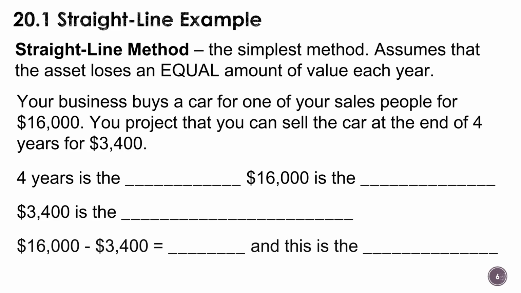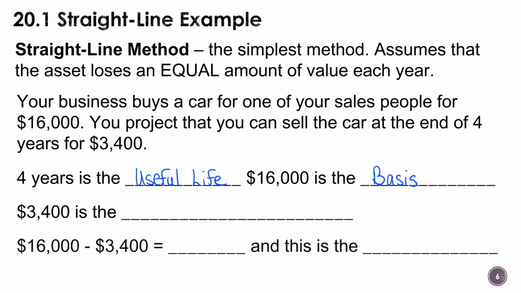So we're going to fill in each line here. 4 years is called the useful life. So that's how long we expect to be able to use this car, for instance. $16,000 is the book value. That's also called the basis. So in the terminology for depreciation, that's called the basis.